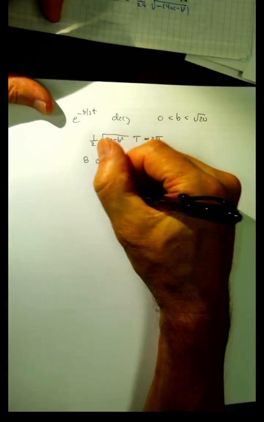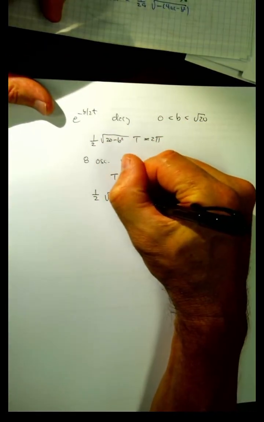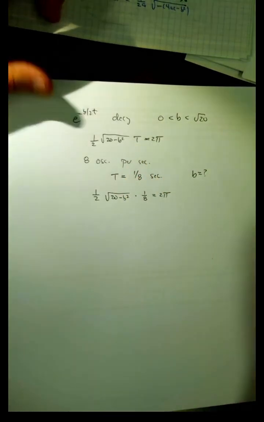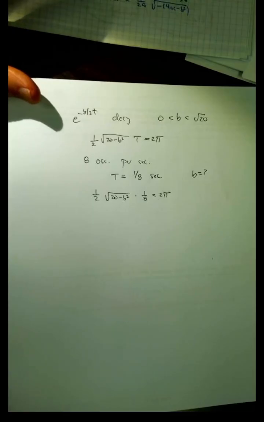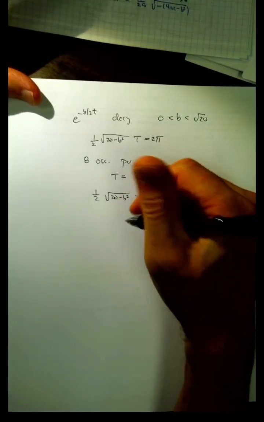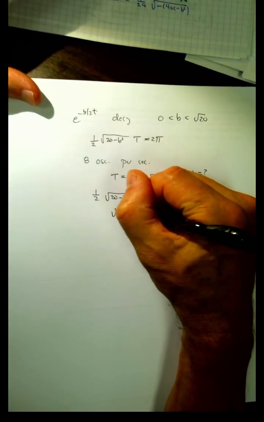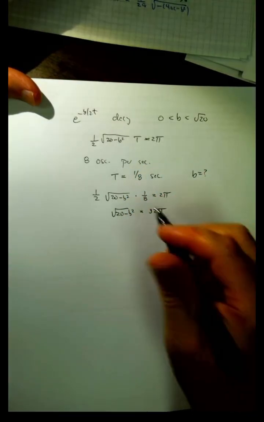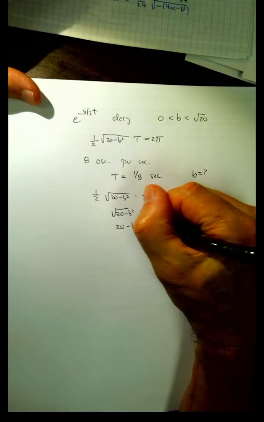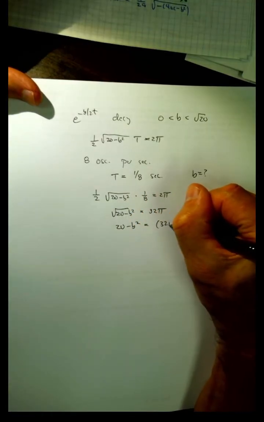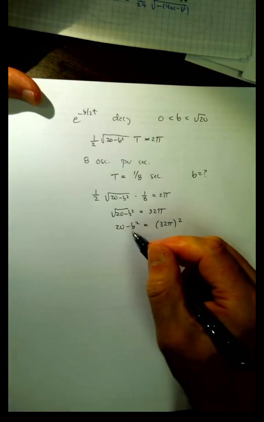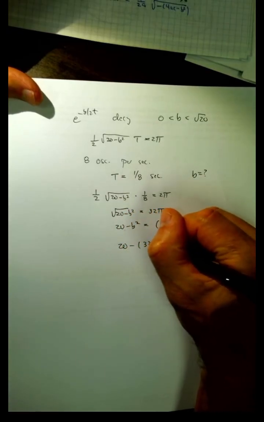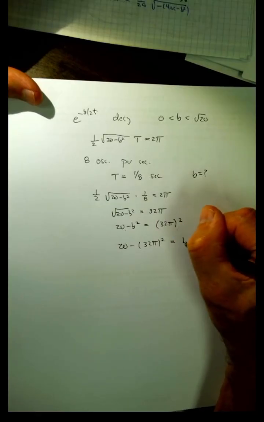So plugging that back into this expression, my goal is to calculate the value of b. Let's see, so I can multiply both sides by 16. So I get 32 pi. I'm going to square both sides. Let's see, I can add b squared to both sides and subtract 32 pi squared.